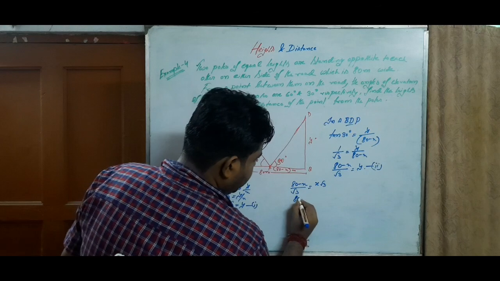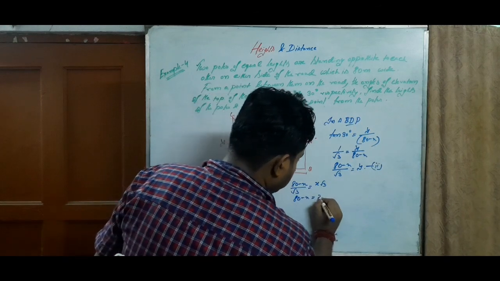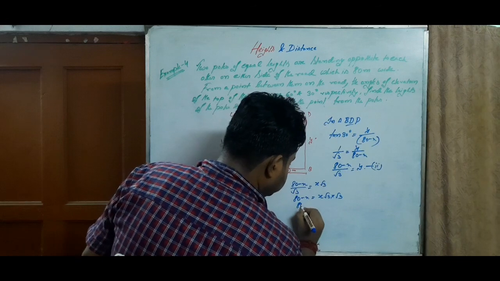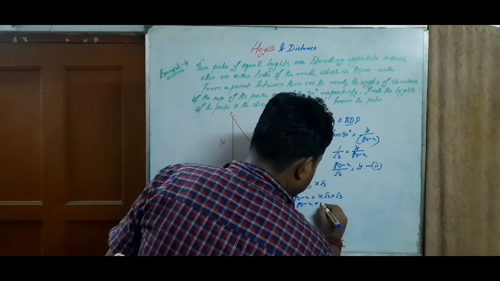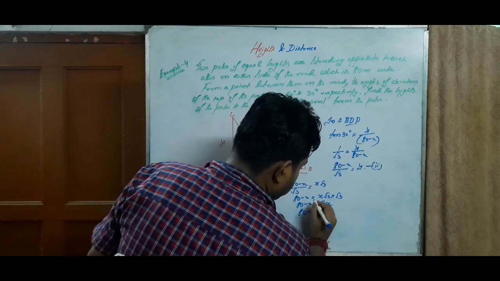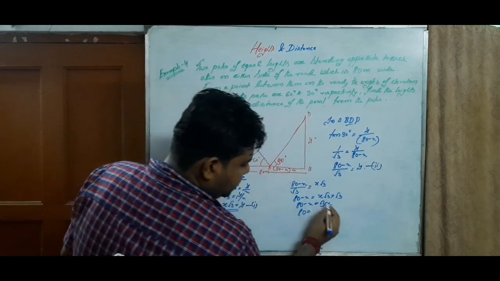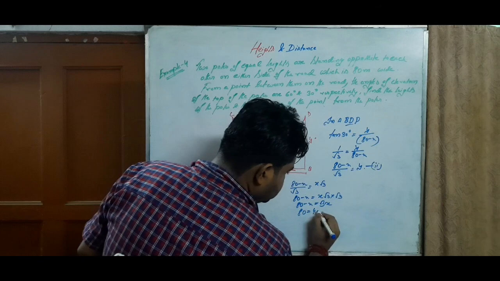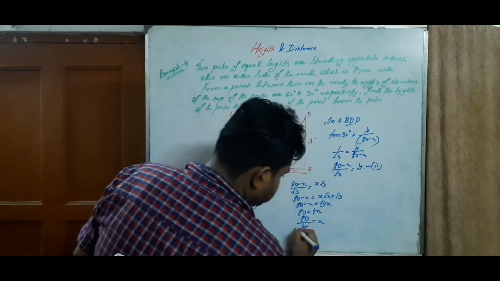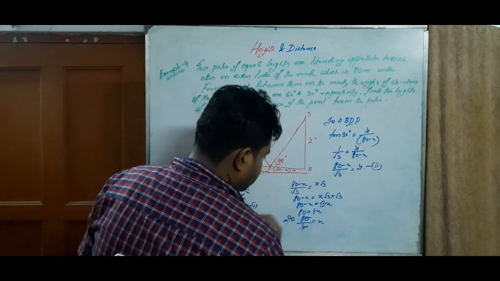Now cross multiplying, 80 minus x equals x root 3 into root 3, that is 80 minus x equals 3x, or 80 equals 3x plus x, that is 4x. Now 80 by 4 equals x, that is 20.